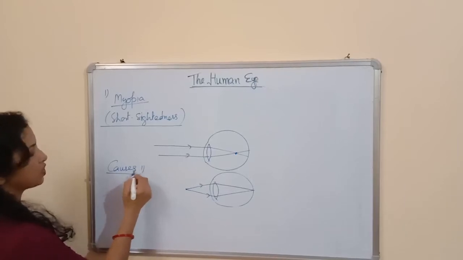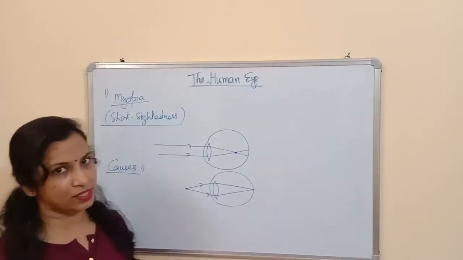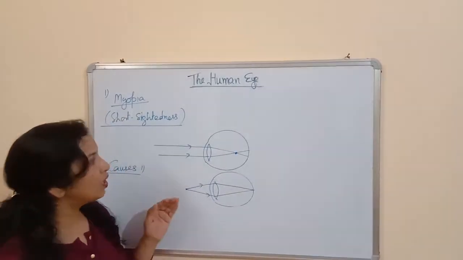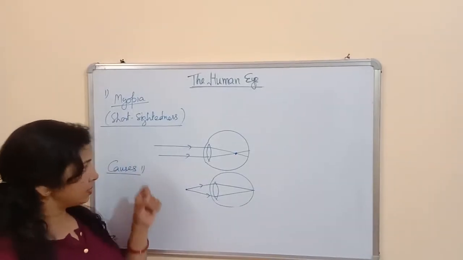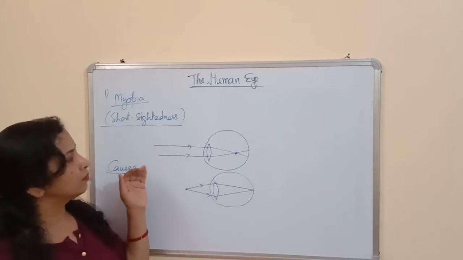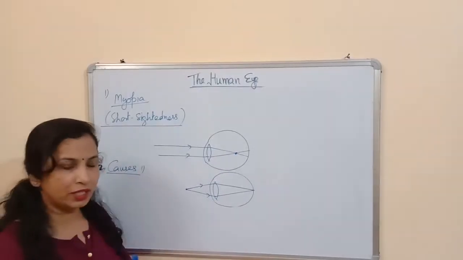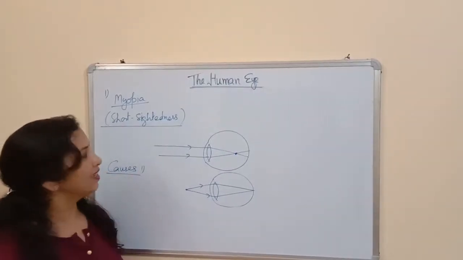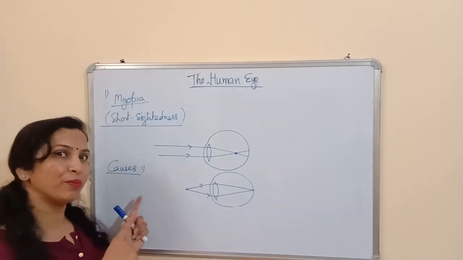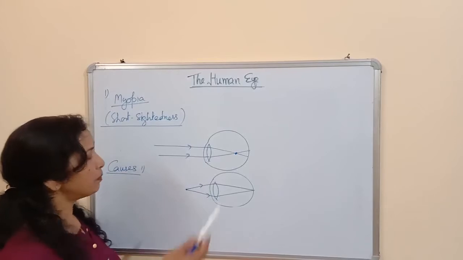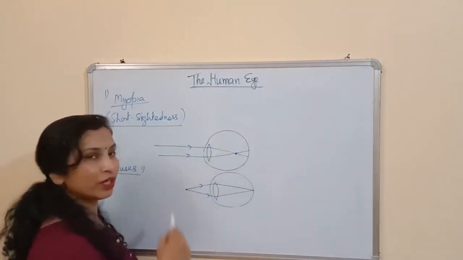Causes. The first cause can be that the focal length of the eye becomes short. The rays meet at the principal focus when coming from infinity, so it means its focal length becomes short.